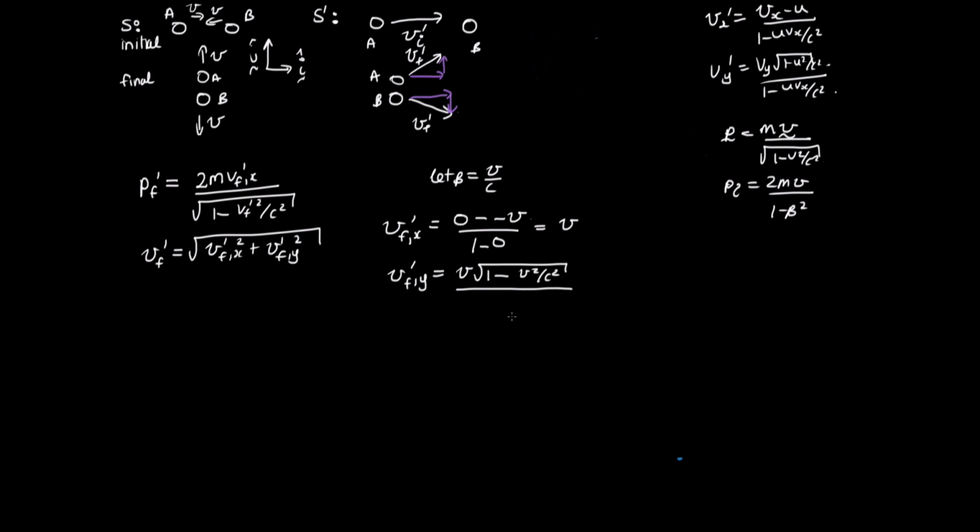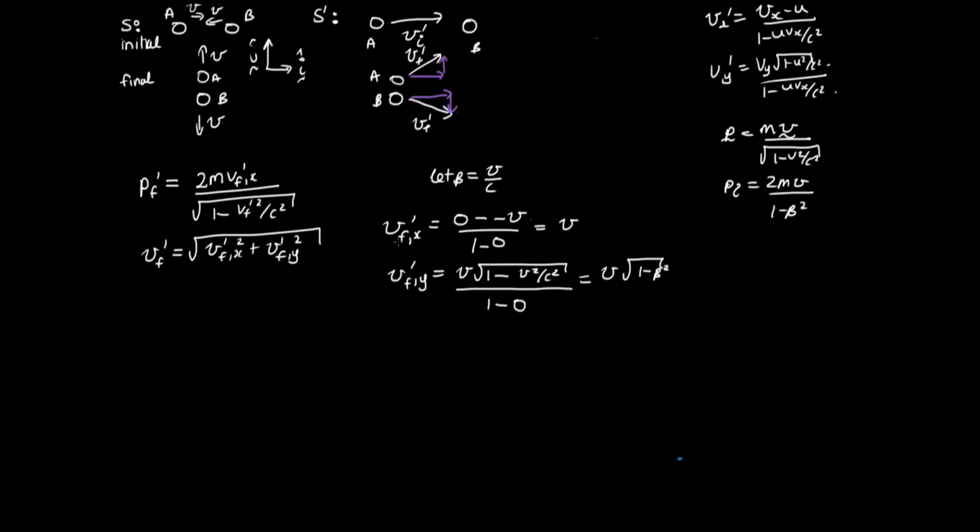And then this will be over 1 minus, now we said before that Vx was equal to 0. That has not changed. So we can write this as v times the square root of 1 minus beta squared, using this same definition of beta here.